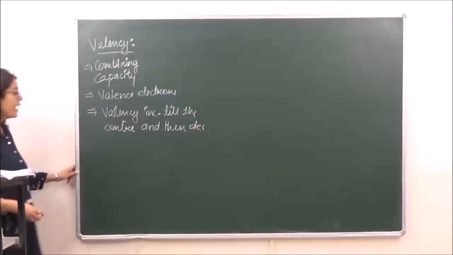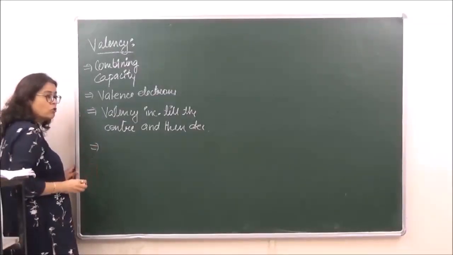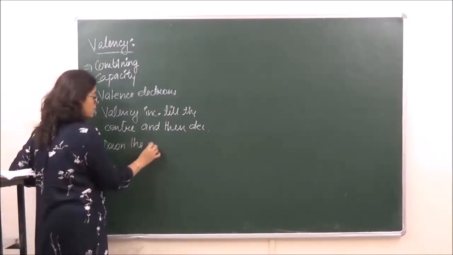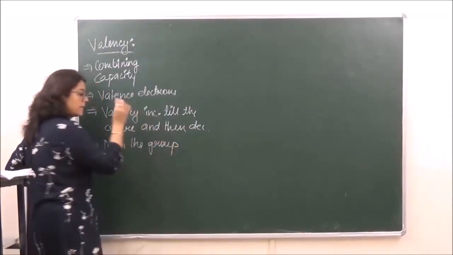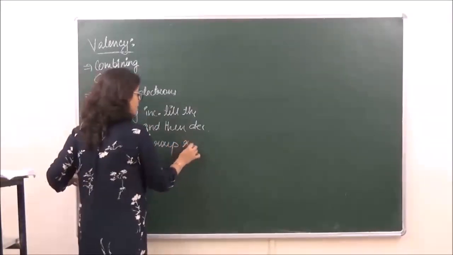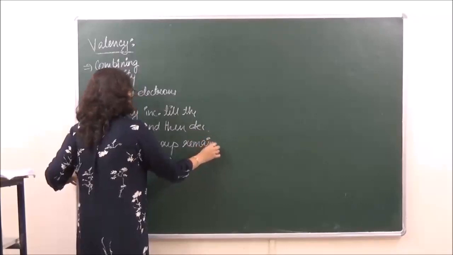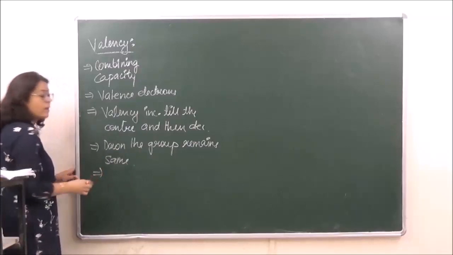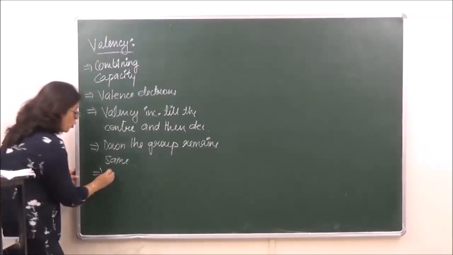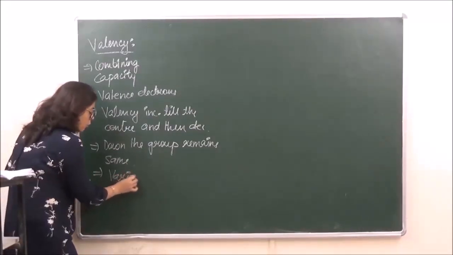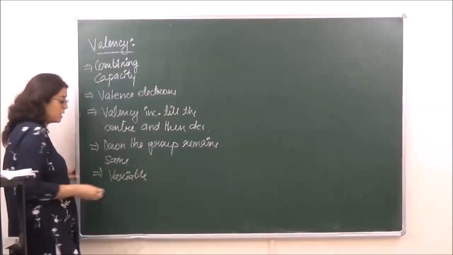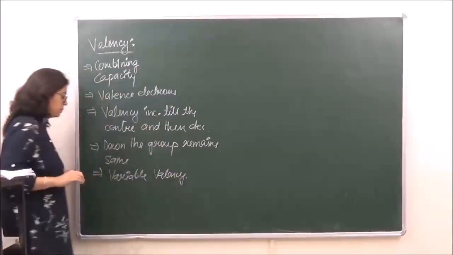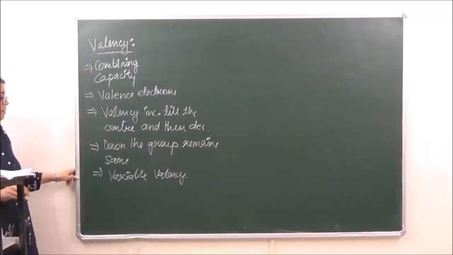Whereas when we are going down the group, the valency remains the same. In case of D block elements, the elements show variable valency, or we also call it oxidation state.